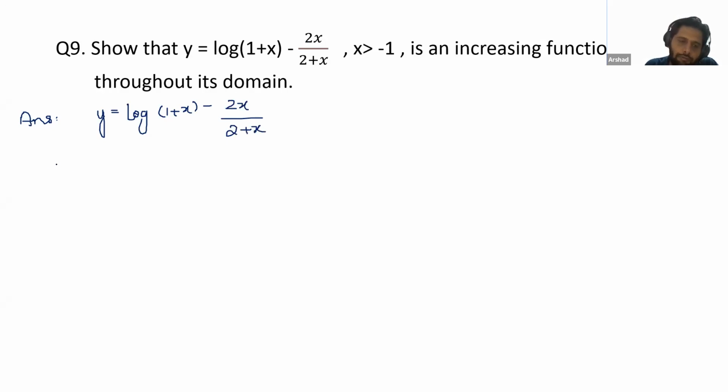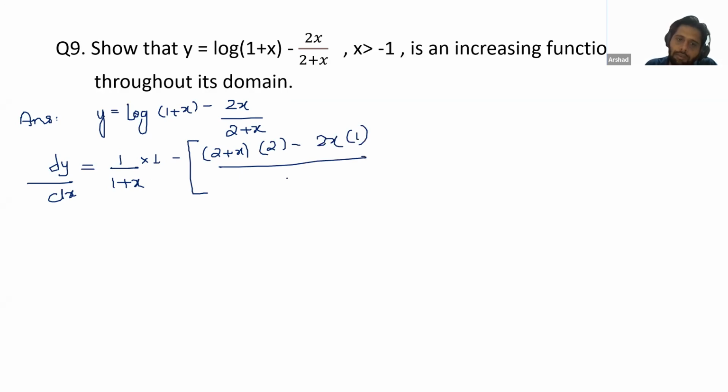So we need dy by dx is equal to. If you differentiate this, you will get 1 by 1 plus x, then into 1 minus, and here 2 plus x, apply the quotient rule. Here you will get 2 minus 2x, over 2 plus x whole square.